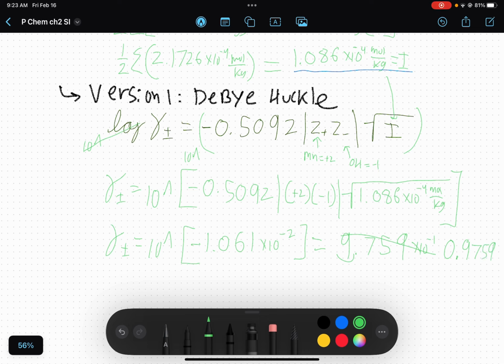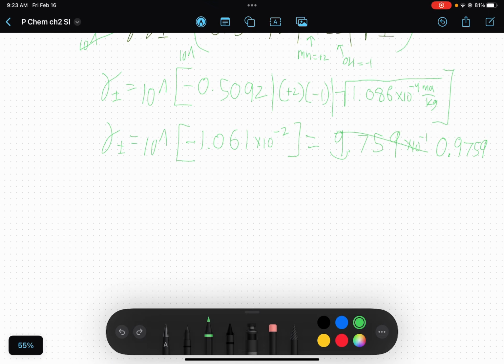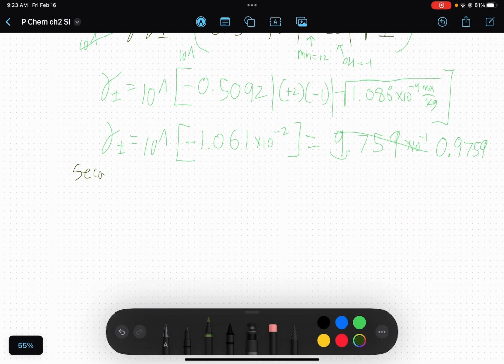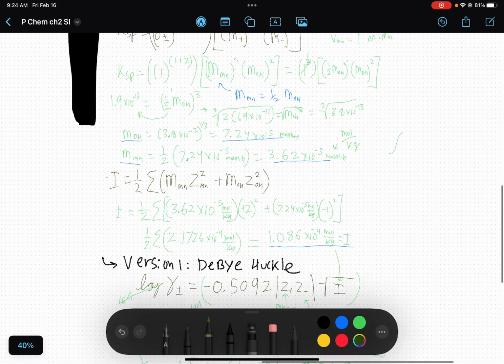And then from there, if you were going to do a second iteration... If you were to do a second iteration, then you would go back to KSP is equal to, I guess I can plug that in already. You know what, let me just go up and copy it.